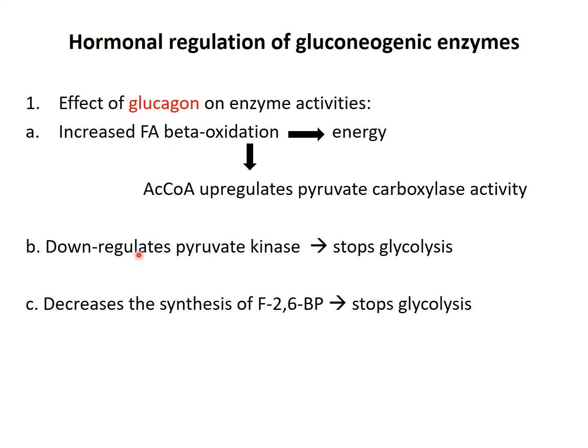Glucagon downregulates pyruvate kinase, which means that when gluconeogenesis is going on, pyruvate kinase is not opposing this effect. Glycolysis stops. Now, glucagon also decreases the synthesis of fructose 2,6-biphosphate, which will stop glycolysis but upregulate gluconeogenesis.